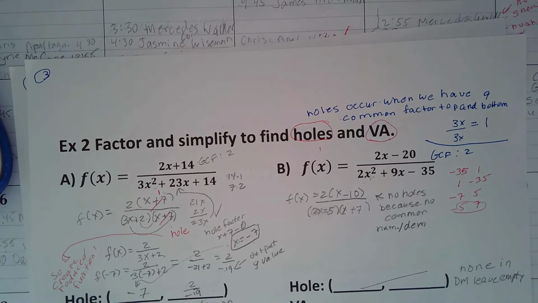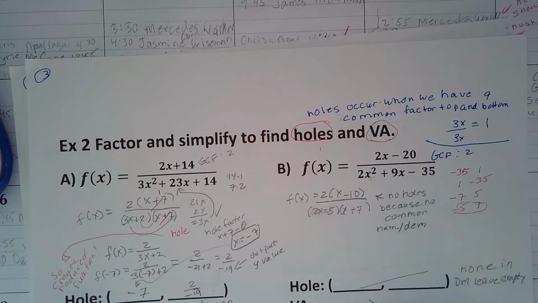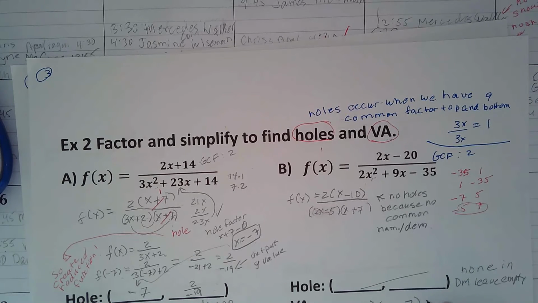All right, so vertical asymptote then, what are we going to do? It's the denominator of the reduced fraction. Well, we didn't reduce the fraction, so we're just going to do 2x minus 5, it's factored, we can use the factor for it, save us some time, times x plus 7 equals 0, right?